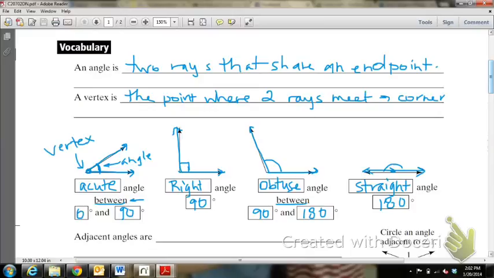So these are the four types of angles. Acute are the small angles. Right are as soon as it hits that 90 degree L. Obtuse is as it starts getting bigger. And straight when it makes a straight line. Okay, so let's pause the video and fill all that in before we scroll down.